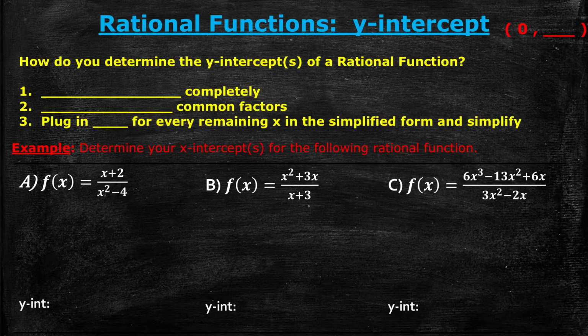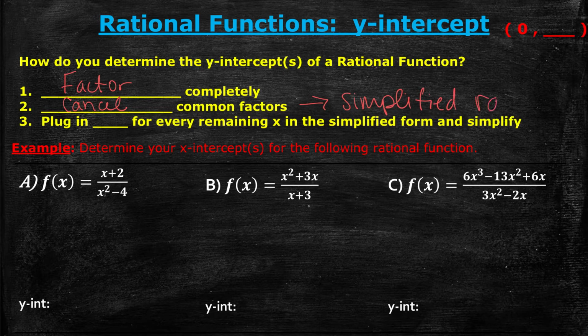Okay, so let's write down those steps on what you need to do to find the y-intercept. All right, so to find the y-intercept of a rational function, you will still factor completely, and you will cancel any common factors, just like we did for the x-intercept. So this is all going to come after you have got your simplified rational.